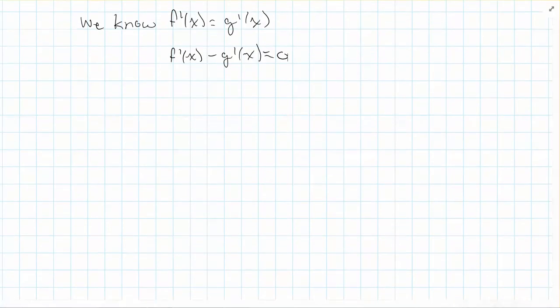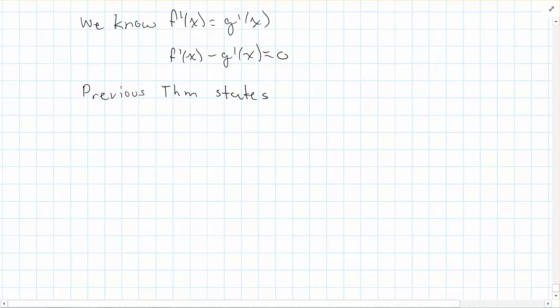But then from the previous theorem, which we didn't prove, but it's also an easy one to prove, you actually use the mean value theorem to prove the previous theorem, it states that if you have derivatives equaling 0, then f of x minus g of x has to be a constant, because if a derivative is equal to 0, the original function has to just be a constant.